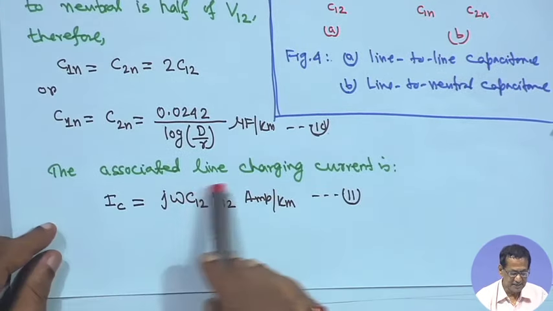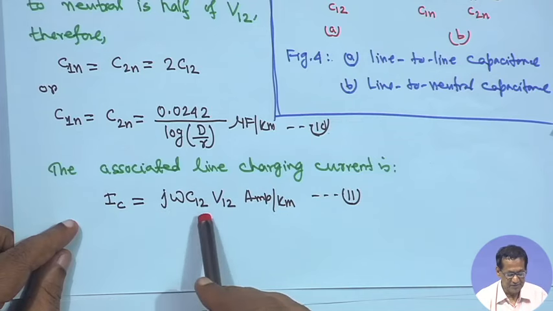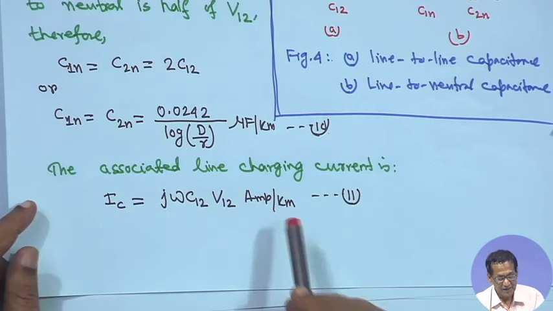Now, the associated line charging current will be IC is equal to j omega C12 V12 ampere per kilometer.